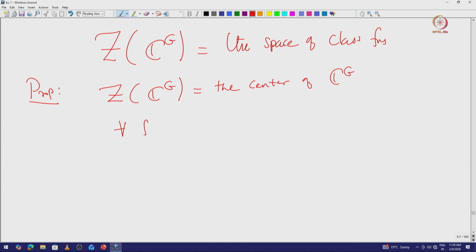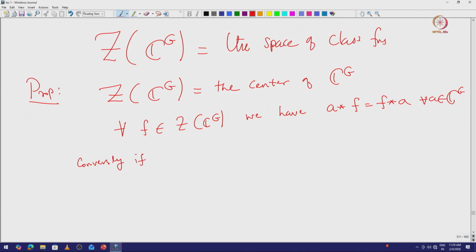So, for all f in Z(CG), we have A star f equal to f star A for all A in CG, and conversely, if f in CG satisfies A star f equal to f star A for all A in CG, then that would imply that f is in Z(CG).